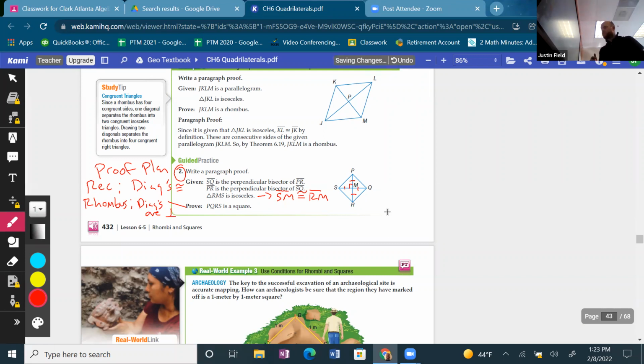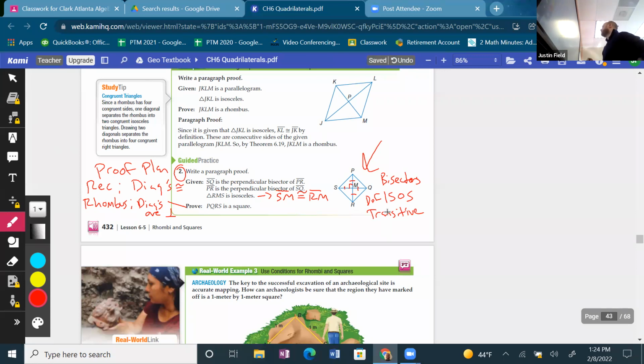So here in this figure, we have congruent diagonals and we have perpendicular diagonals. And how can we say that they're all congruent? Well, we know that we have bisectors, and then we have the definition of isosceles, and then there's going to be the transitive property to say that SM is congruent to MR.